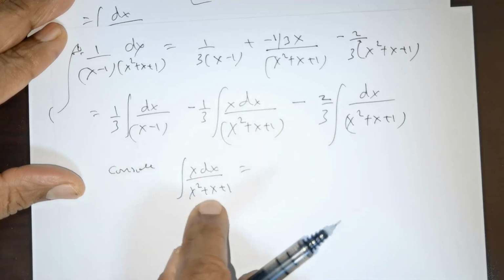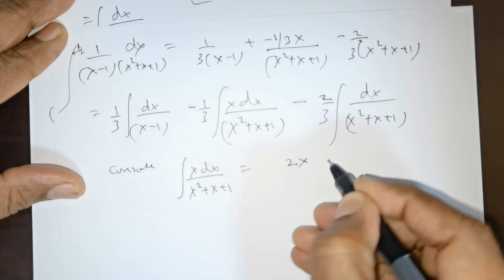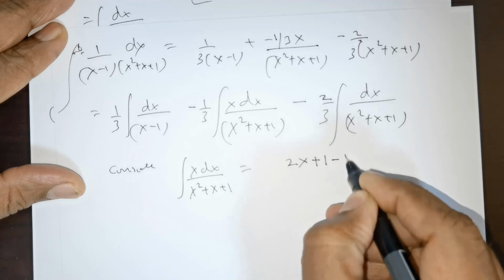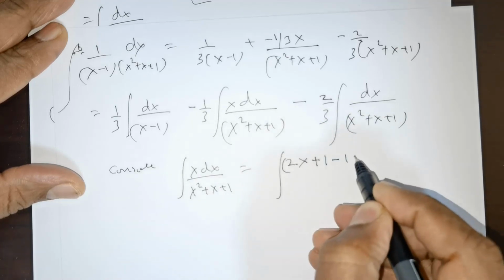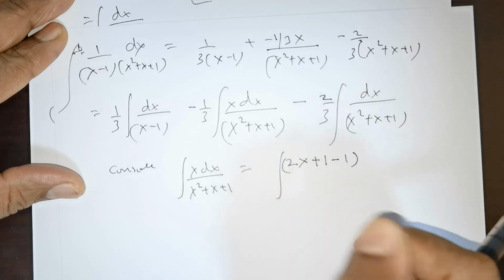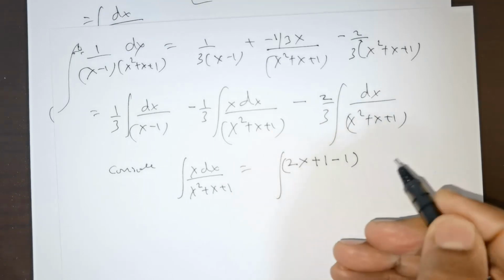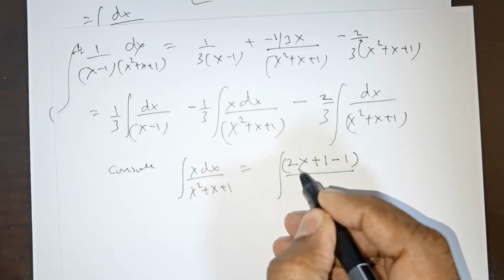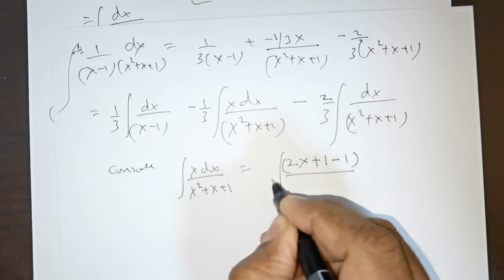Now I got x squared plus 1, so what I'm going to do is multiply by 2, and I'm going to add a 1, and take away 1 in the numerator. Now adding 1 and removing 1, it's not going to harm us, but this product, multiplying the value of x with the 2, has to be countered.